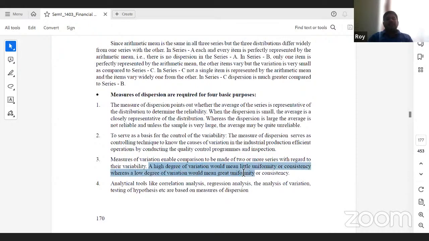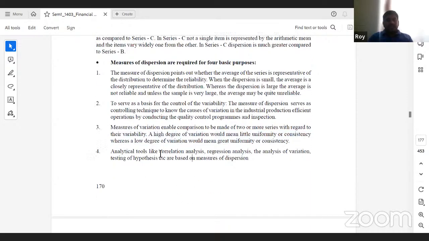A high degree of variation would mean little uniformity or consistency, whereas a low degree of variation would mean great uniformity and consistency. Analytical tools like correlation analysis, regression analysis, analysis of variance and testing of hypothesis are based on the measures of dispersion. See, that's what I'm telling.